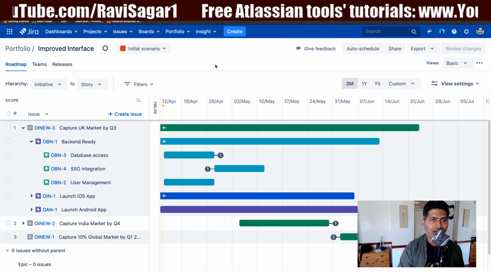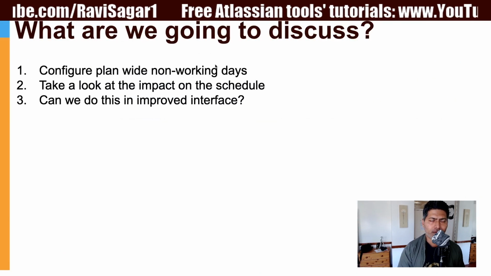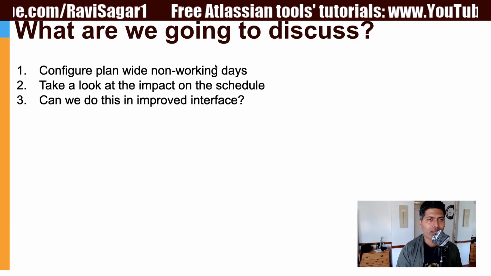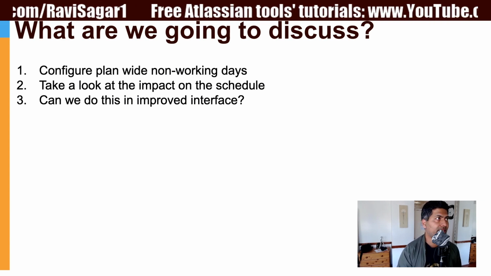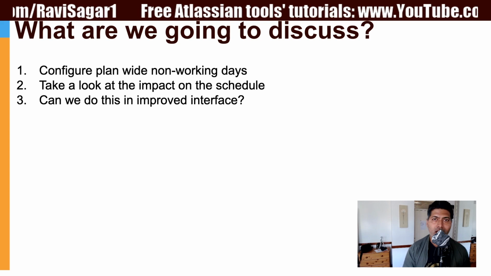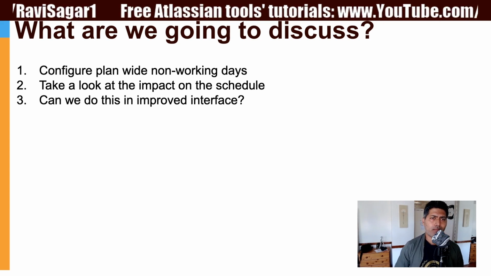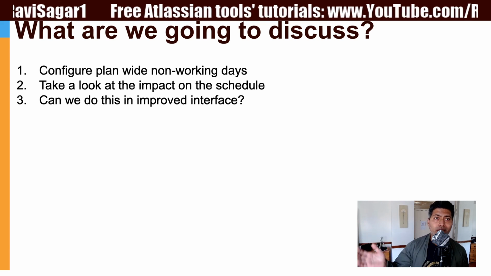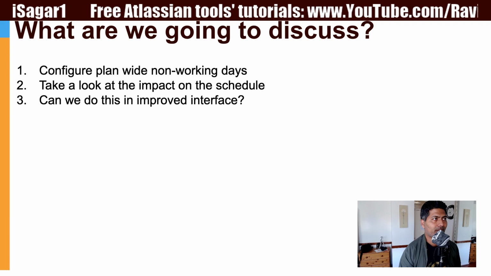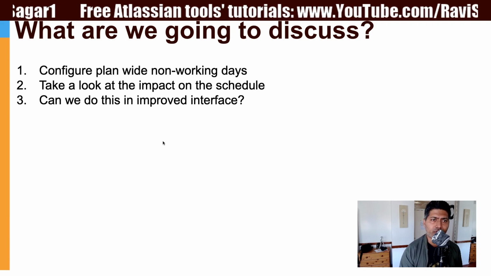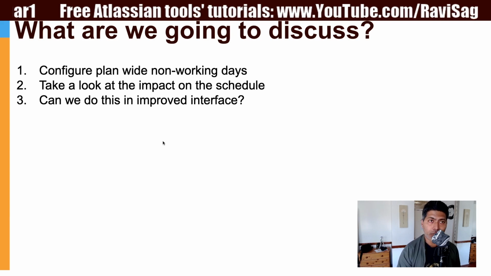So if you have been following my videos, I'm sure we have been looking at different things that you can do with the live plan and also the improved interface. And I hope by now you have a good understanding of whether to use the live plan or the new improved interface.